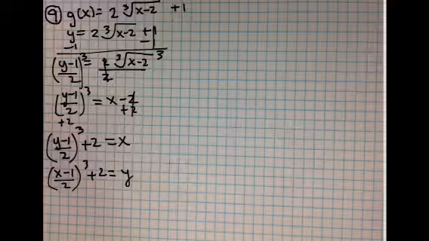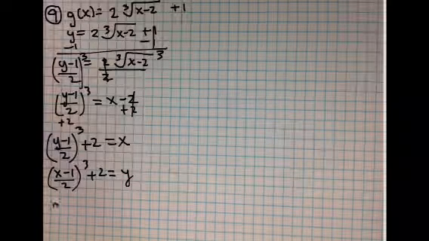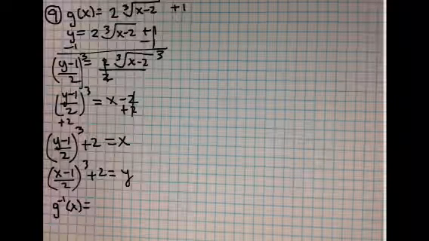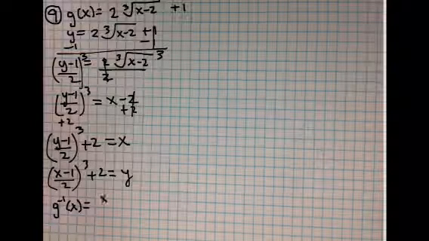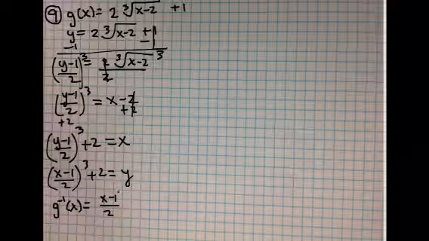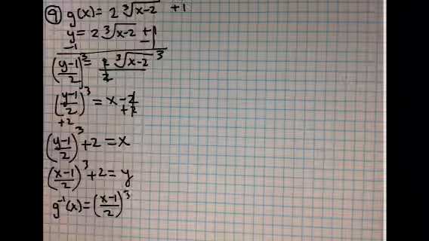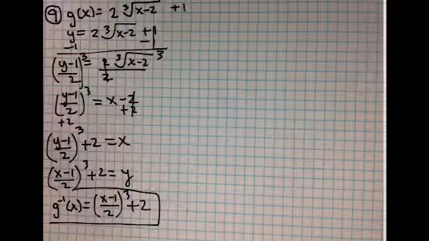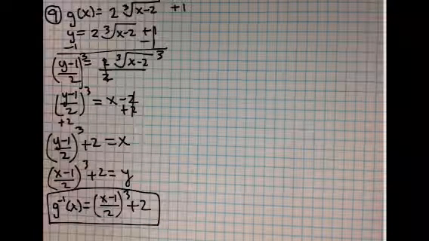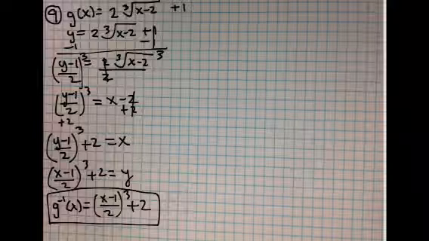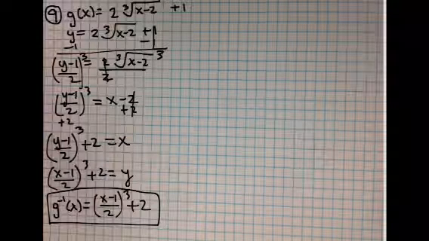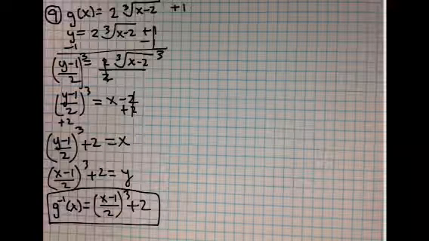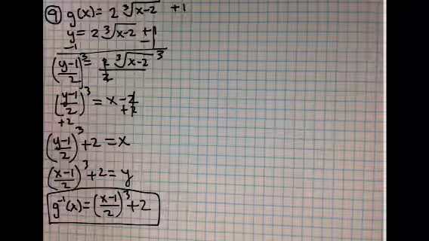And then make the y back into function notation. So g inverse of x equals x minus 1 over 2 cubed plus 2. So this is what the inverse would look like. And then it says to graph both of them on the same graph.